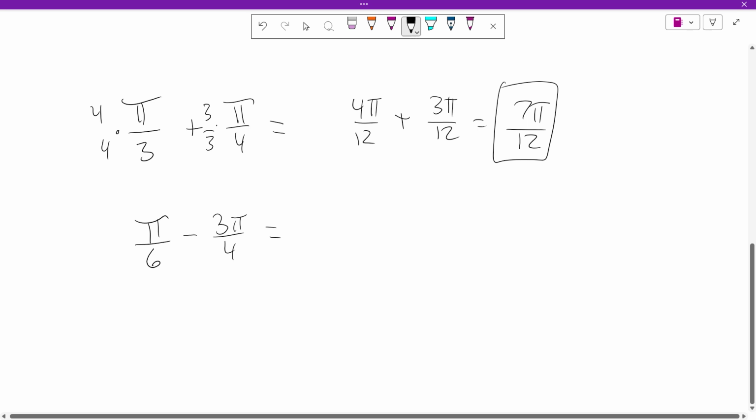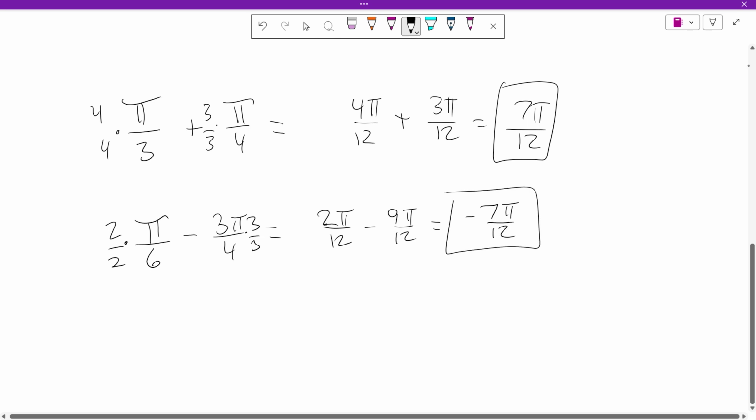No, I don't want to use 24. 12. Multiply this one by 2 over 2. Multiply this one by 3 over 3. So it's 2 pi over 12 minus 9 pi over 12 is negative 7 pi over 12. Okay. So we know how to go that direction.